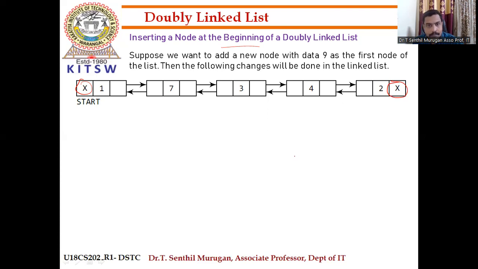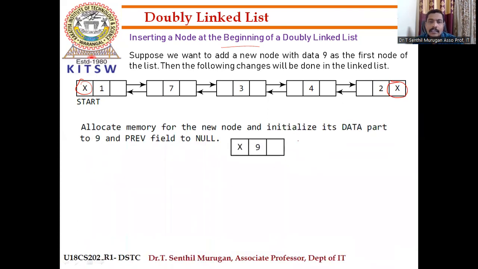Now we are creating the new node. Whenever we create a new node to be inserted at the beginning, the previous pointer of the new node is null. That's why we initially give it. So consider this is the new node.